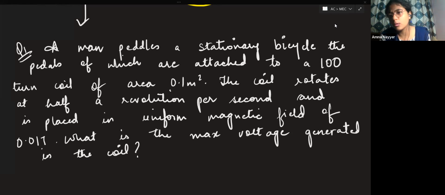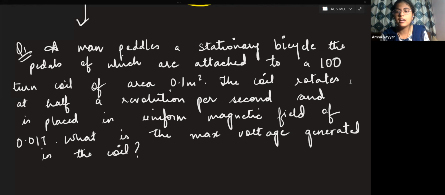So N is 100. Area is given as 0.1 meter square. The coil rotates at half a revolution per second, and the magnetic field is mentioned. You have to find the maximum voltage.